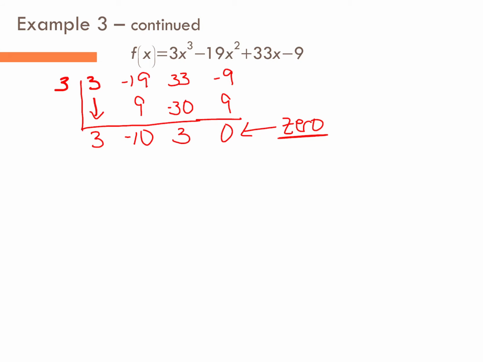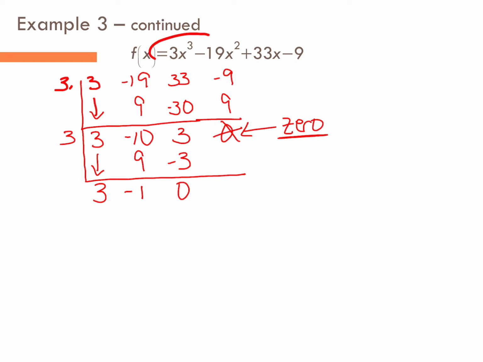Because 3 occurred twice, I'm going to continue synthetic division one more time. Bring down my 3 again because my 3 happened twice. I have 9, negative 1, negative 3, and 0. You can ignore this last 0 when we do it again. So then I need to put x's in.